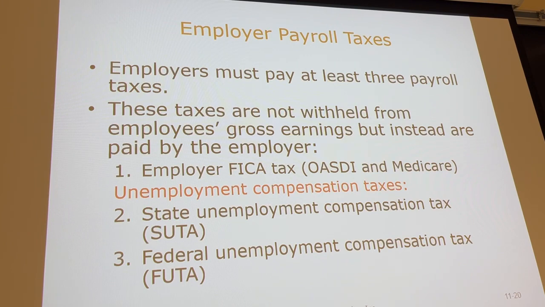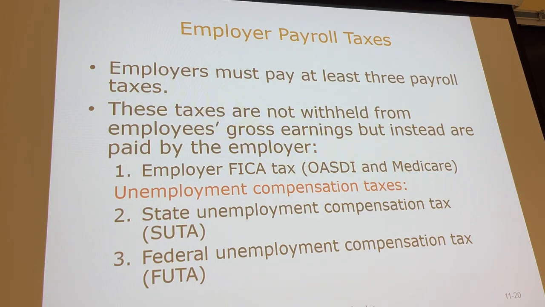Here are the ones that you usually run into. First of all, the employer pays a matching share of the FICA tax for both Social Security and Medicare. The employer also pays unemployment compensation taxes.